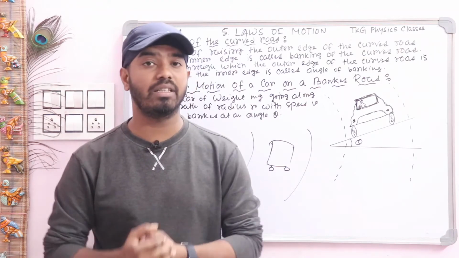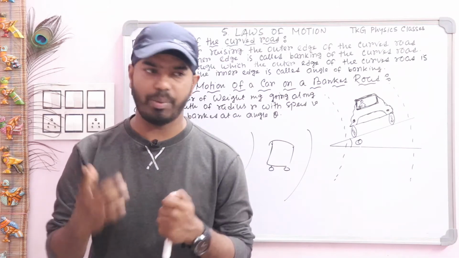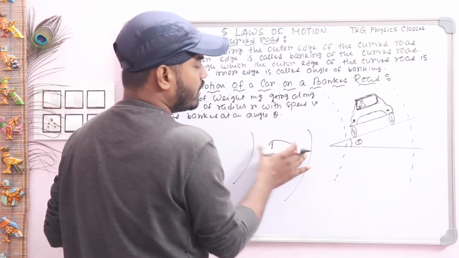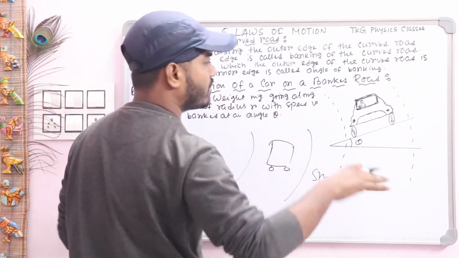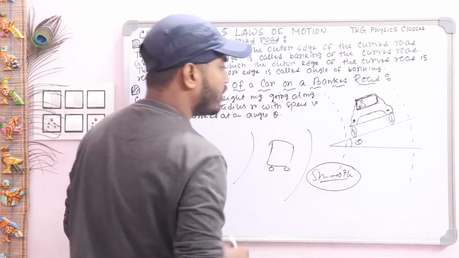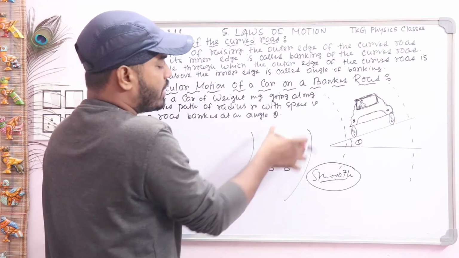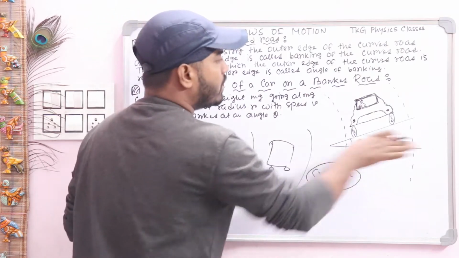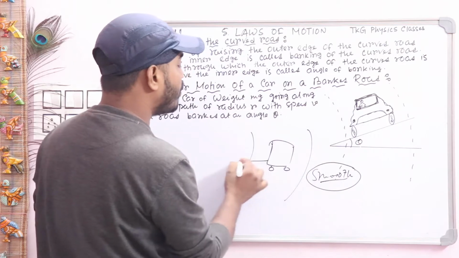Now a question arises: why is banking required? Suppose we consider a road, a smooth road. This is an ideal case, as a road is basically rough. You consider this road is smooth. So when you are moving on this smooth road and taking a turning, what happens? Basically you are going outward through the circle when taking a turn, but there is no inward force.